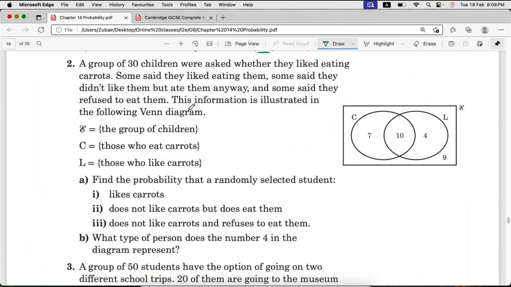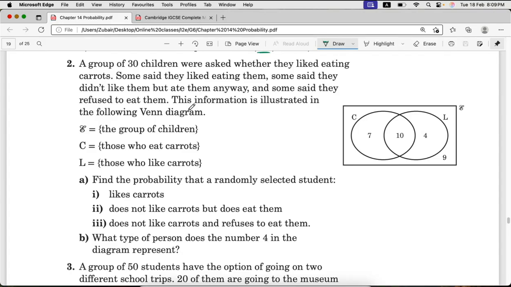Is the first part done? For the people who like carrots, it is 14 over 30.